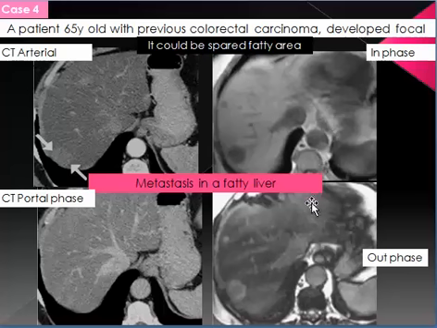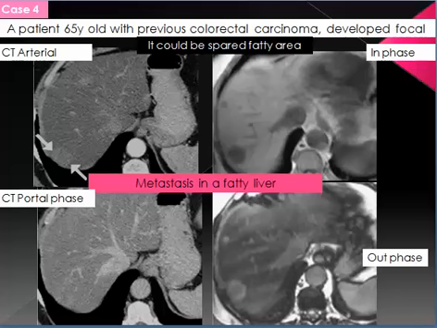In phase and out phase it is not fatty, as it is hyperintense in out phase, so we are not dealing with a fatty area, but we are dealing with fatty liver. The liver as a whole is blackened in out phase and blackened in CT. So we have a deposit in fatty liver.